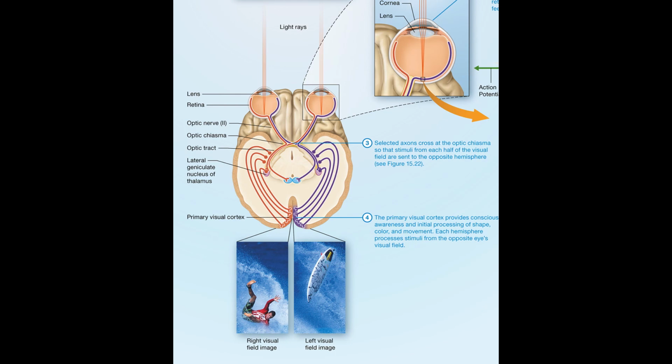The image from your right field gets transmitted from this area and this area, right? Anything over in this area gets transmitted just like that, right? And so they both have to get processed on the same side of the cerebral hemisphere.